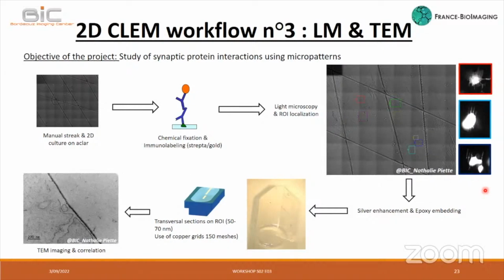We use homemade micropatterns, in the case of the study of synaptic protein interactions. We use the coverslip and did manual streaks with a scalpel, and the culture was made on this support.